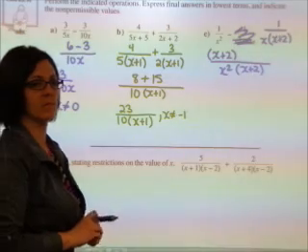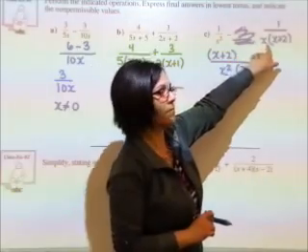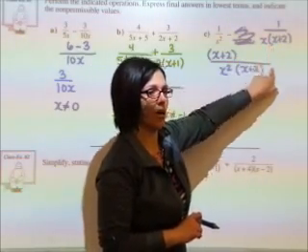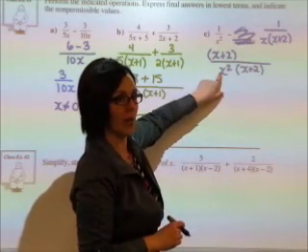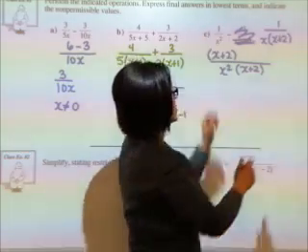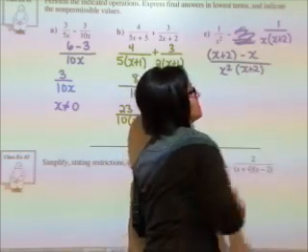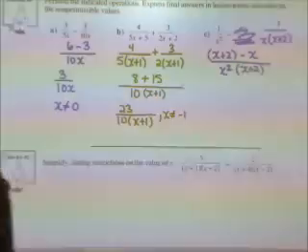Would it be x squared? I already have an x. So how do I go from x to x squared? Multiply by x. So I'd multiply the top by x, and I'd get a negative x.